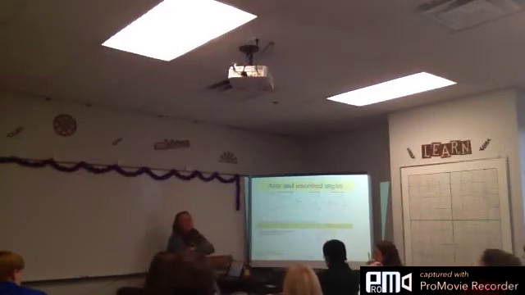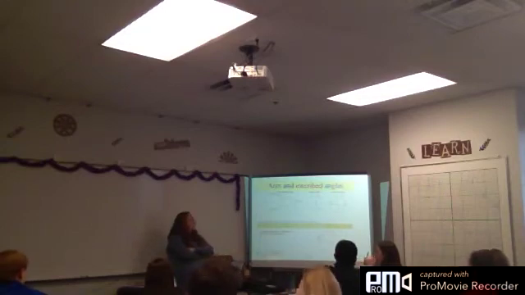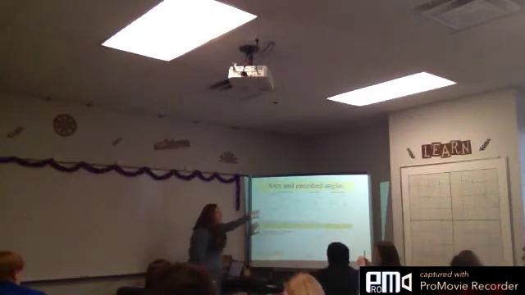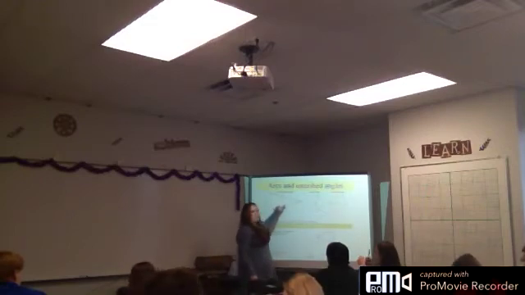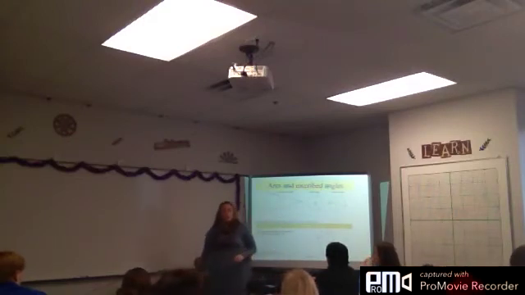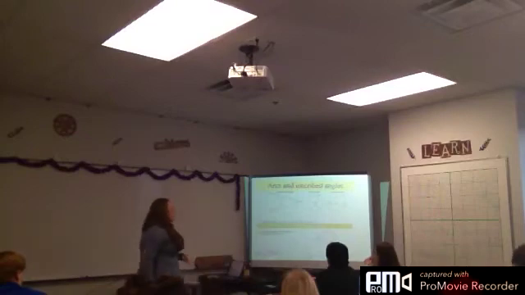Let us talk a little bit here. Let's talk about some scenarios and see what we can come up with, okay? This is a circumscribed angle right here. Do you notice how the angle has two tangent lines that create it, correct? So it is a circumscribed angle.